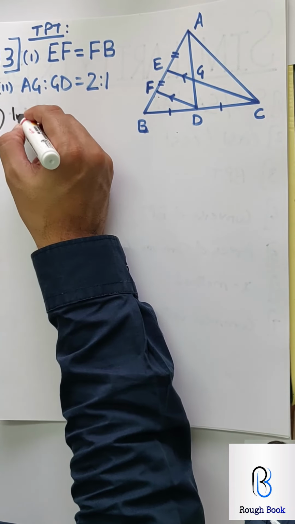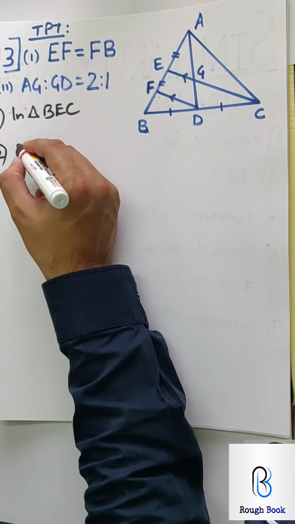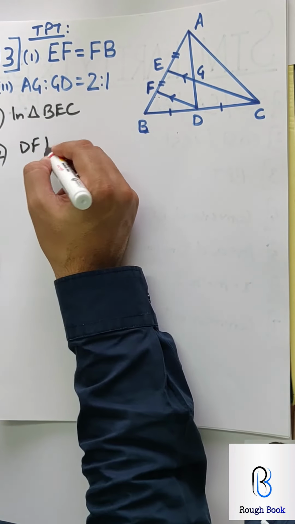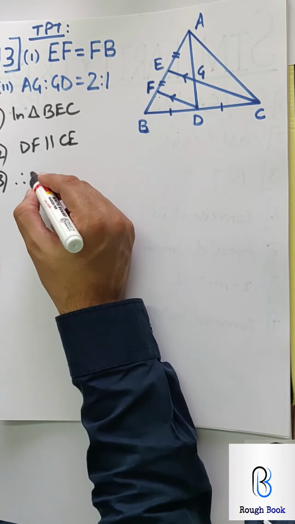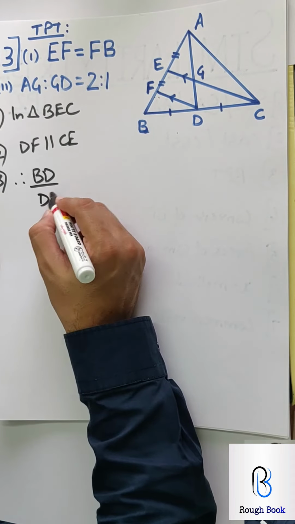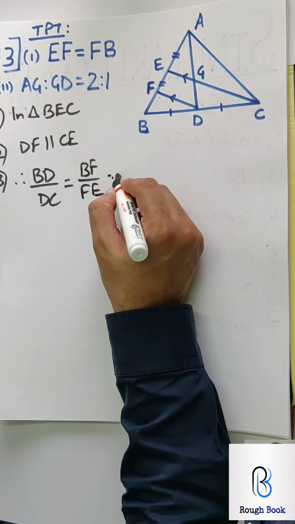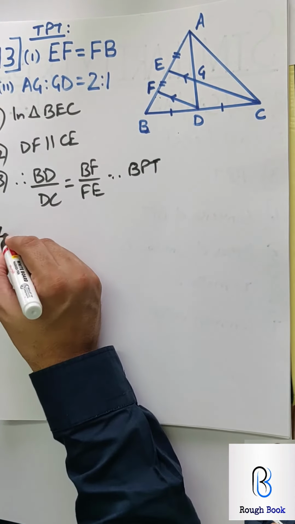So first thing, in triangle BEC, I can say that DF is parallel to CE, and therefore BD upon DC equals BF upon FE. Reason would be basic proportionality theorem.